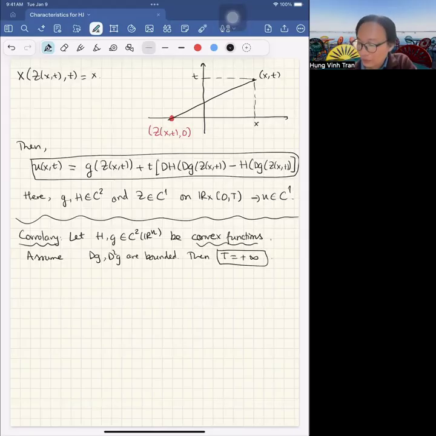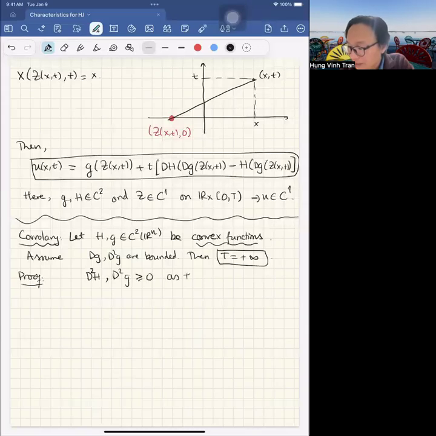And it's very simple. So let me just write it out quickly. Because they are C2 functions that are convex, we have D squared h and D squared g greater than or equal to 0 as they are convex functions.